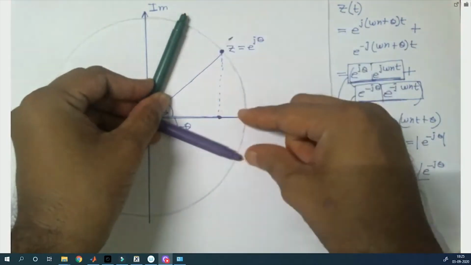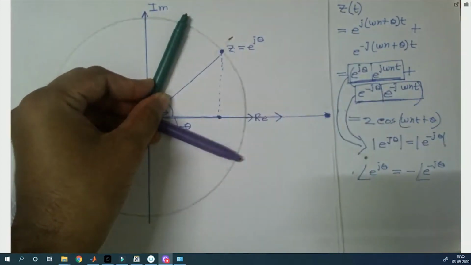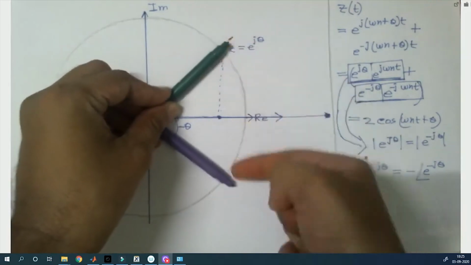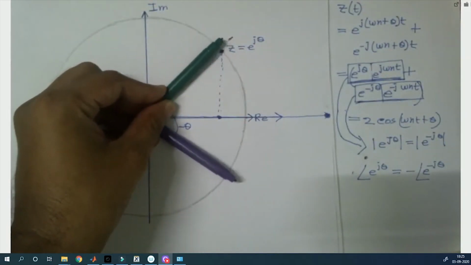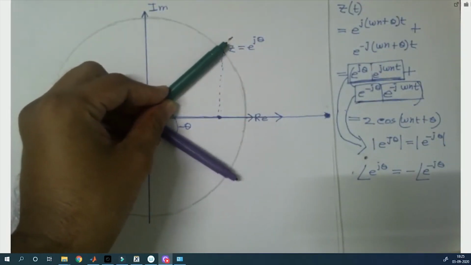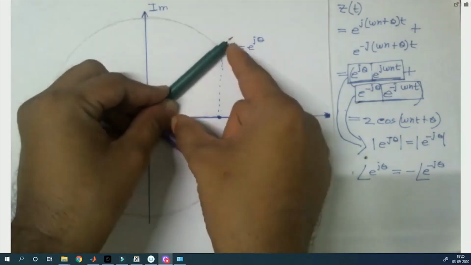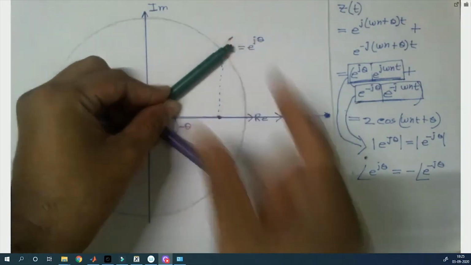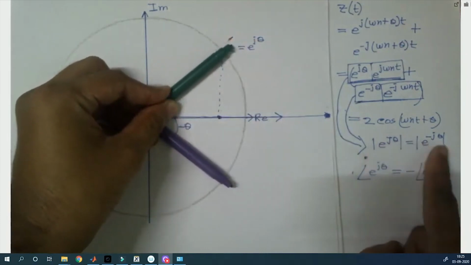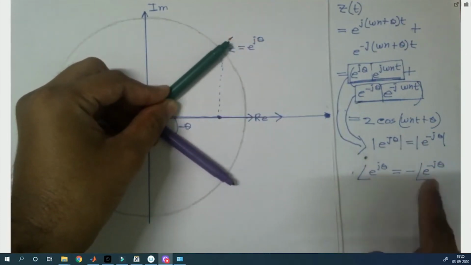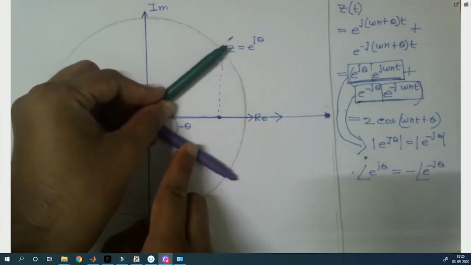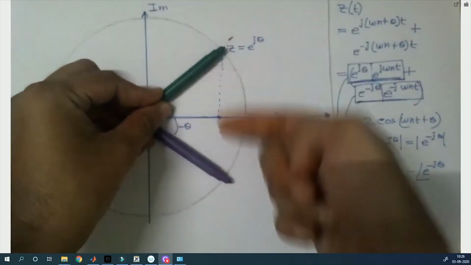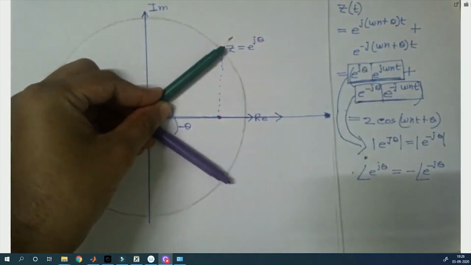Their imaginary components are not going to cancel completely. The sum of these two signals will be purely real if and only if the mod value of these two coefficients are equal and the angles of these two coefficients are equal and opposite, so that they start from a symmetric position.